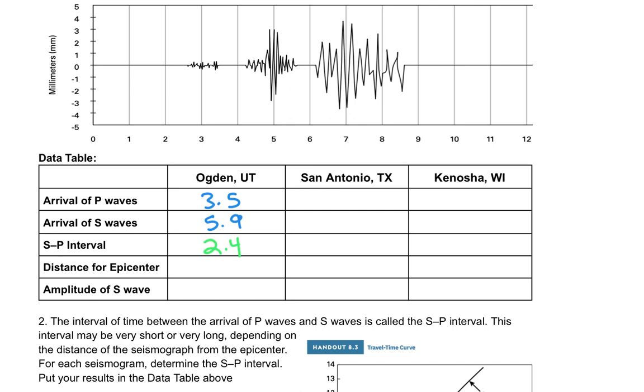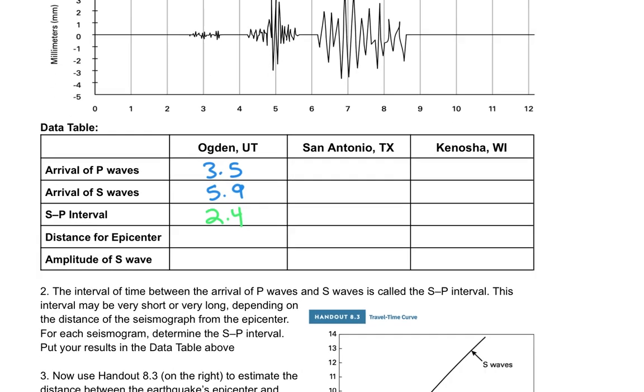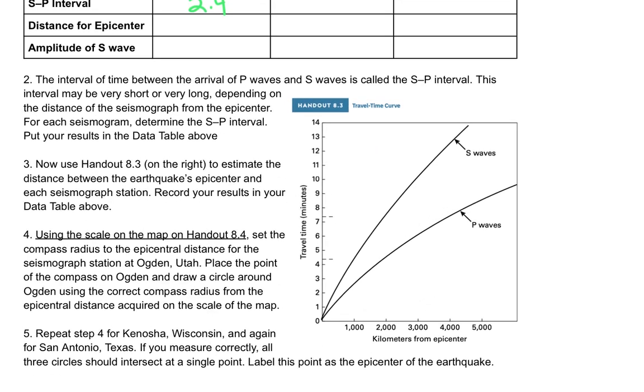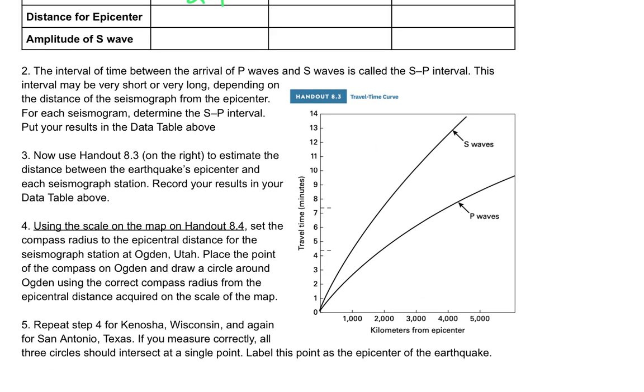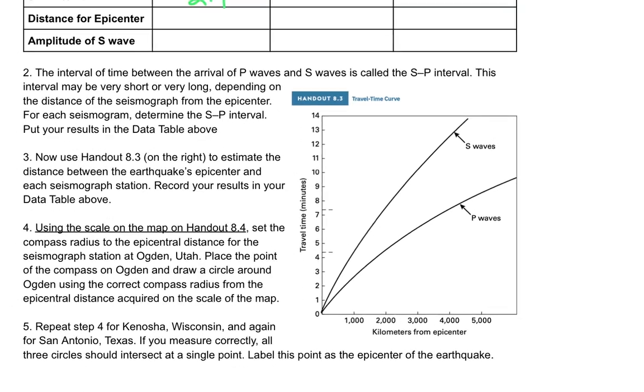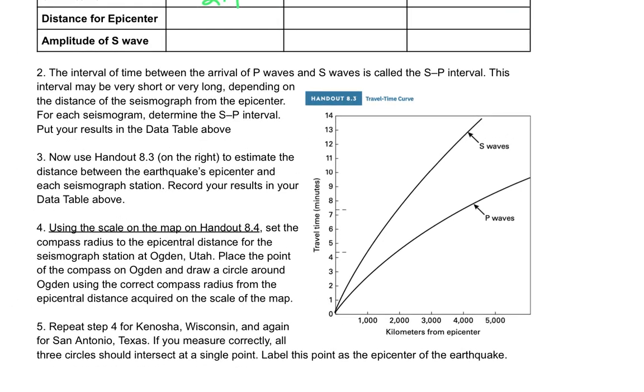All right, now we're going to use this information right here, the 2.4 minutes for the SP interval, and that will help us locate the distance that the earthquake actually happened from Ogden using this chart here.